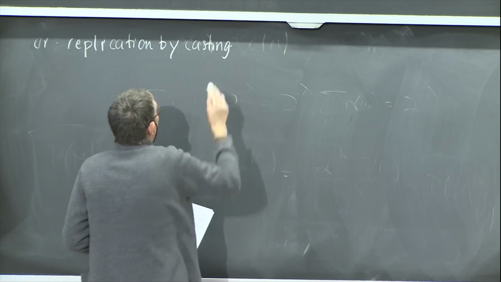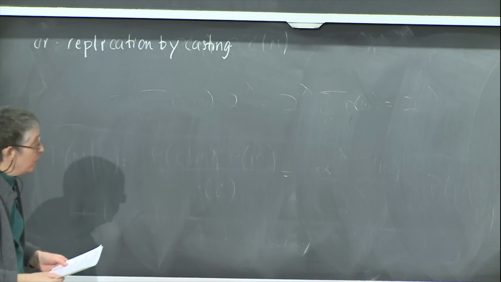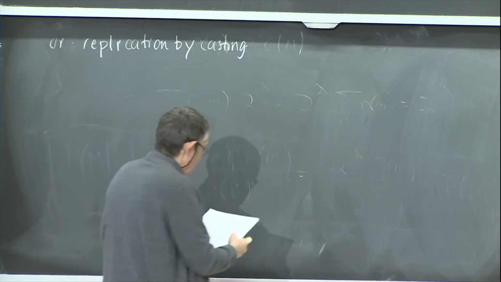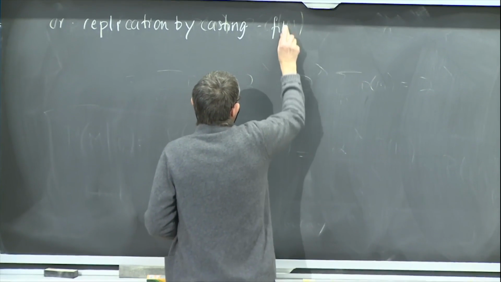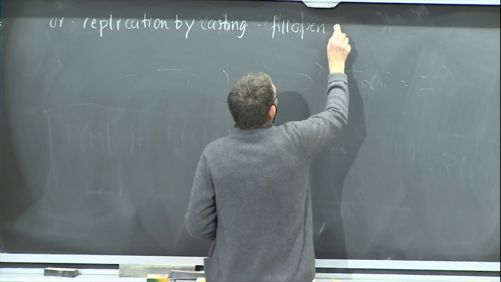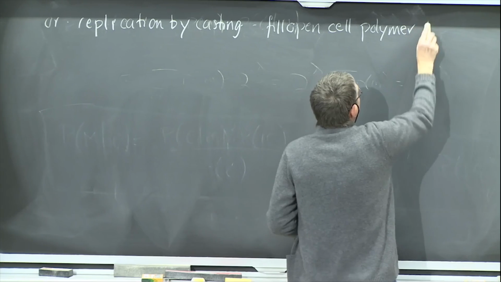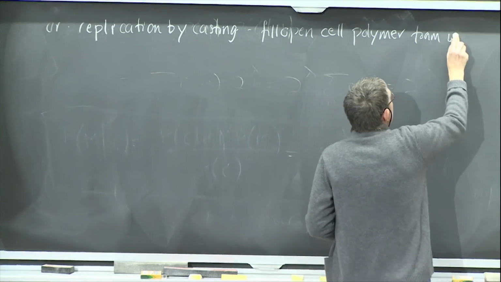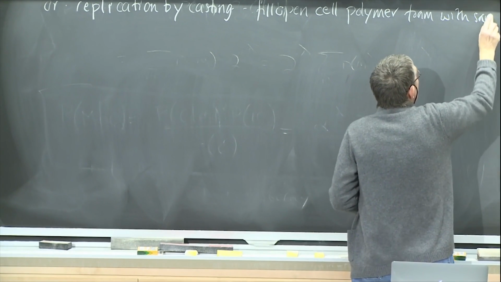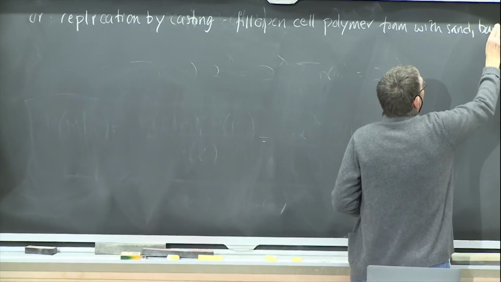So this method would involve replication of the open-celled polymer foam by casting. So you fill the open-celled polymer foam with sand. You burn off the polymer.